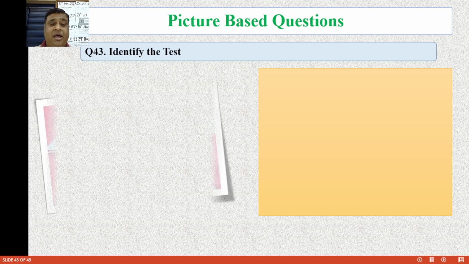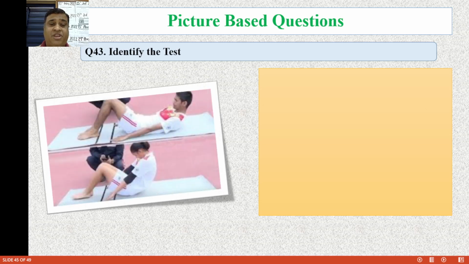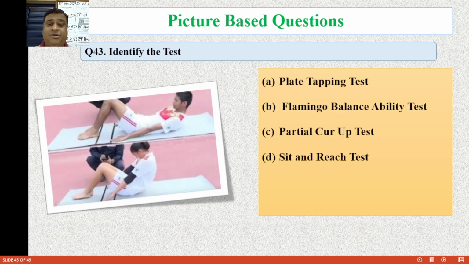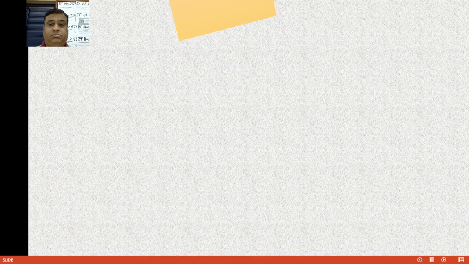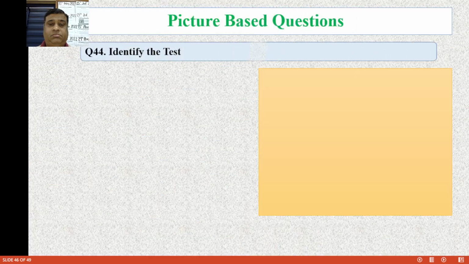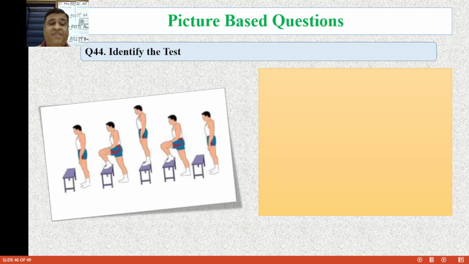Question number 43. Identify the test: plate tapping test, flamingo balance ability test, partial curl-ups, or sit and reach, and the answer is partial curl-ups. Now identify the test.